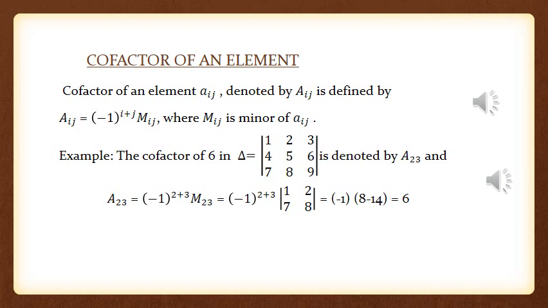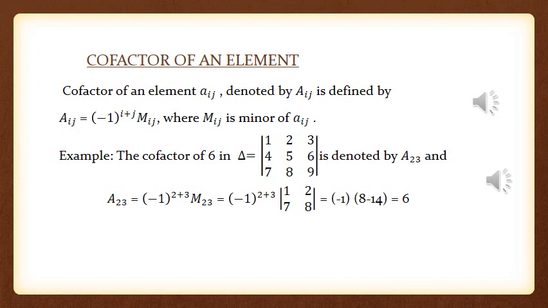Now along with that you take the sign. The sign is given by negative 1 raised to i plus j, where i and j are the suffixes of the element Aij. So the cofactor, denoted by capital Aij, is given by negative 1 raised to i plus j into the minor of the element Aij.